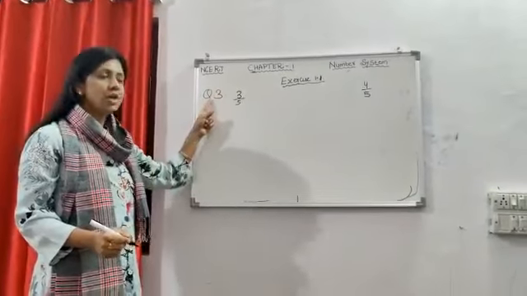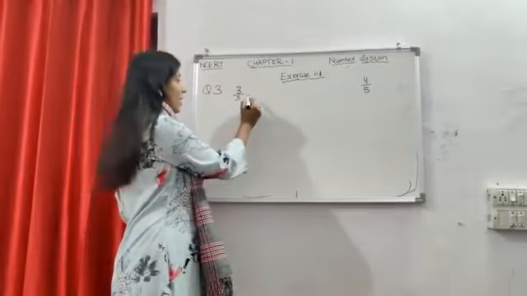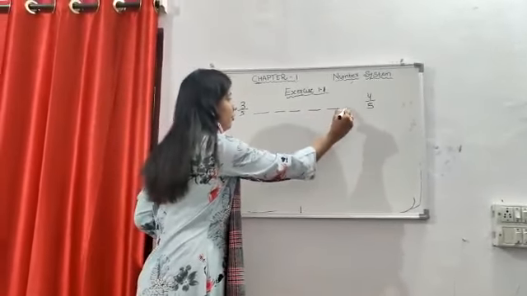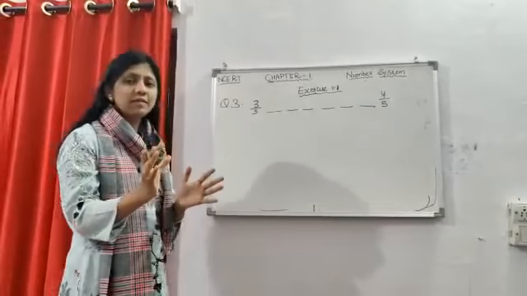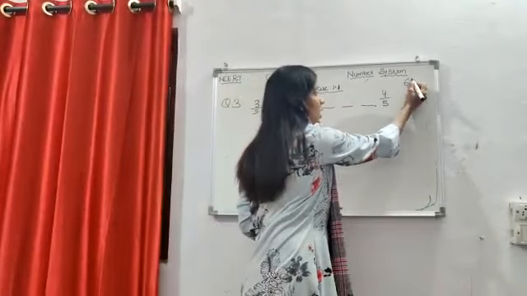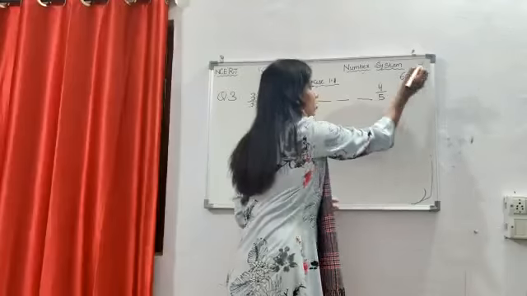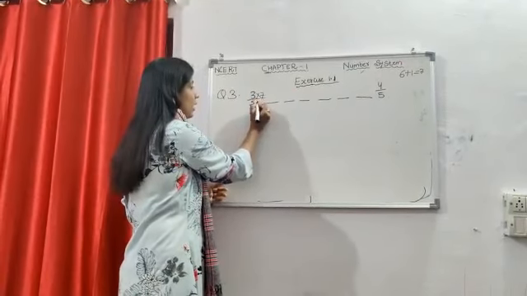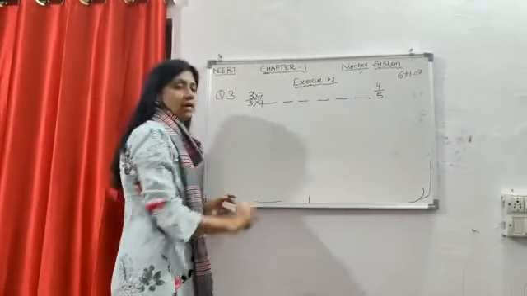Now in question number 3, we want to find 6 rational numbers between 3 by 5 and 4 by 5. Since we have to find 6 rational numbers, what is 6 plus 1? It is 7. So we will multiply this number by 7 and divide by 7.